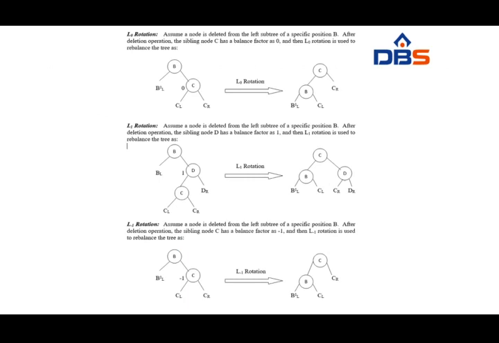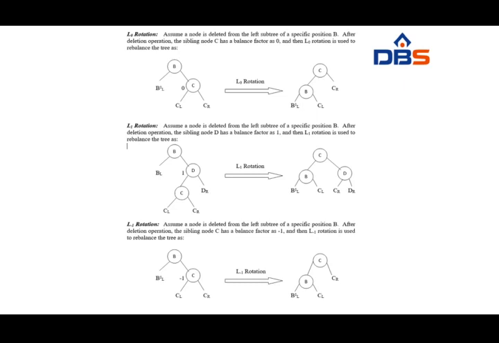Then L0: assume a node is deleted from the left subtree of a specific position B. After the deletion operation, the sibling node C has a balance factor of 0, and then L0 rotation is used to rebalance the tree. And L1: a node is deleted from the left subtree of a specific position B. After the deletion operation, the sibling node C has a balance factor of 1, and then L1 rotation is used to rebalance the tree.